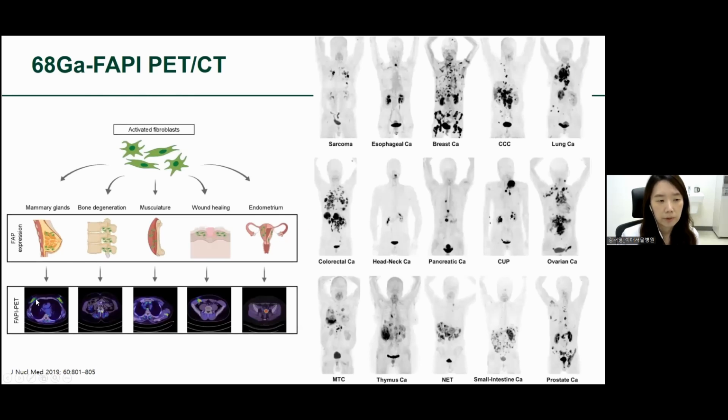Actually, it is one of the problematic regions in FAPI PET-CT evaluating cancer, especially in the uterus. It showed very high uptake in the endometrial cavity.